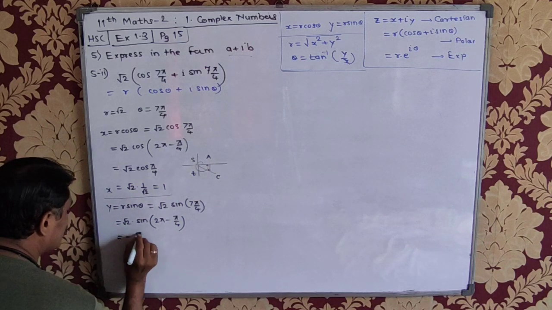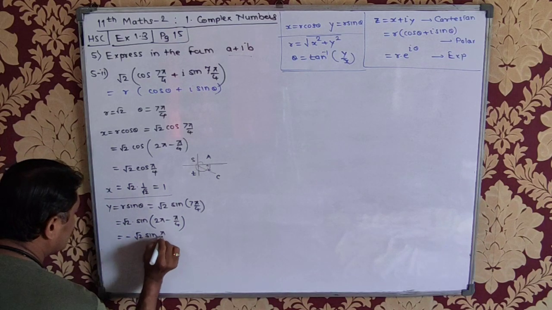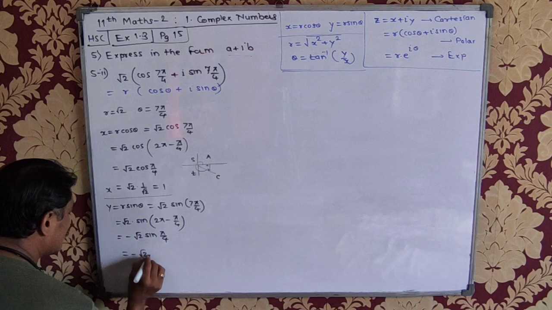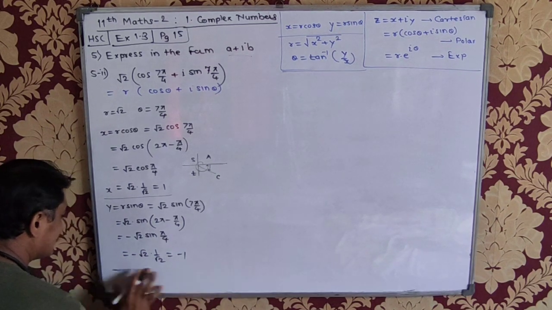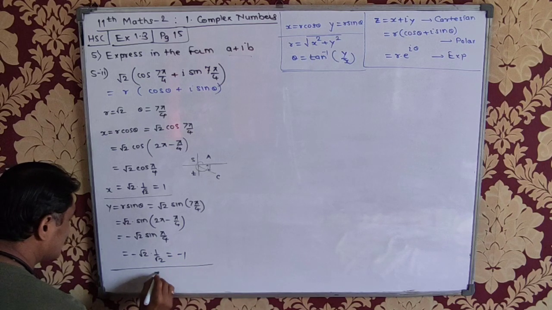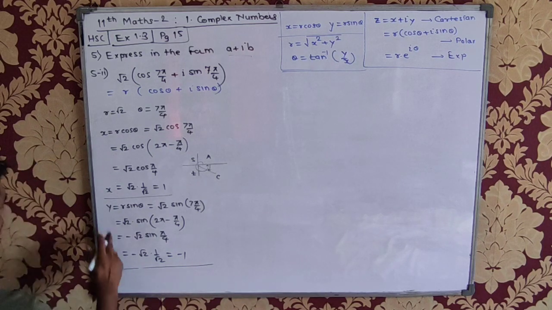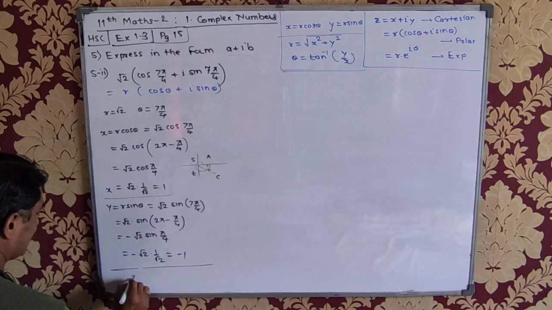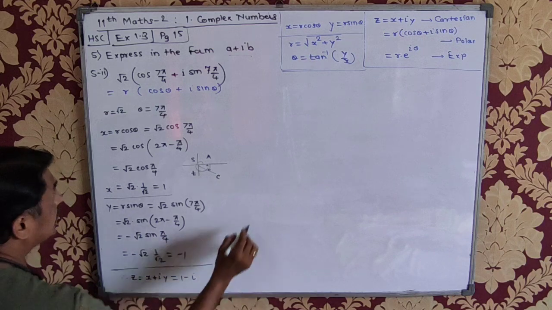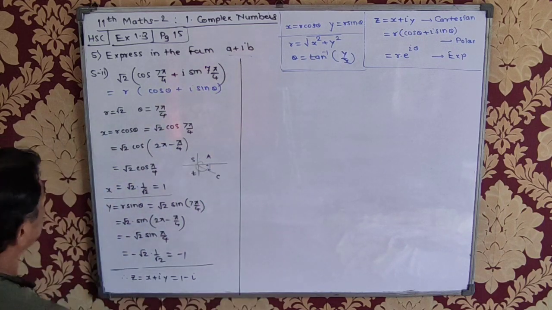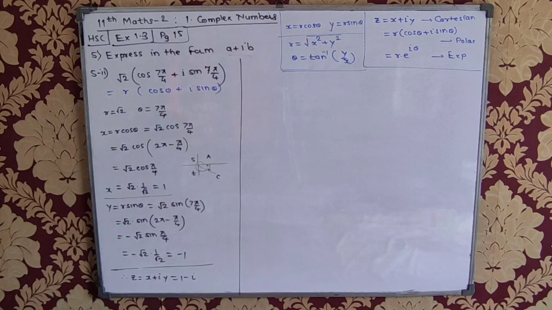So this is minus root 2 sine pi by 4, that is equal to minus root 2 into 1 upon root 2, which is minus 1. Therefore x is equal to 1 and y is equal to minus 1, and the complex number z is equal to x plus iy, that is equal to 1 minus i. Is this okay? Any doubts about that? Okay, next question.